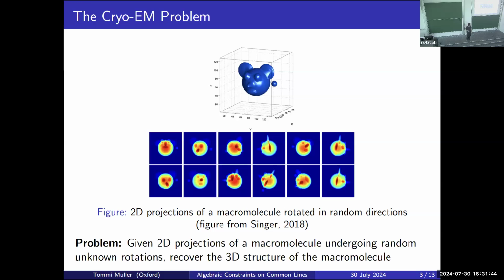So the Cryo-EM problem is to recover and reconstruct the 3D structure of the molecule given just these 2D Cryo-EM images where the molecule is rotating and you don't know how it rotates as it's being imaged.